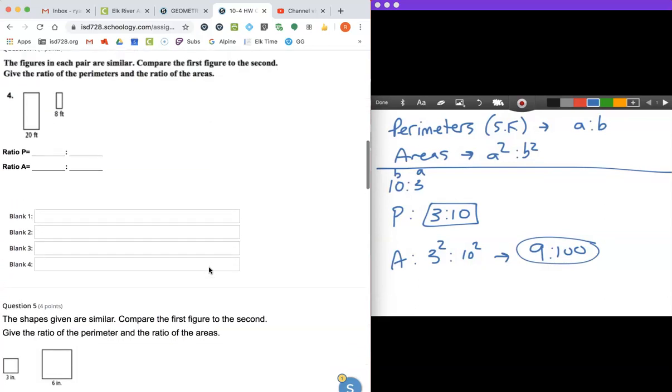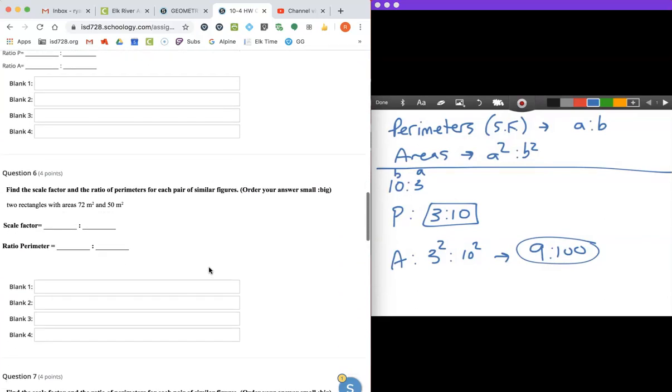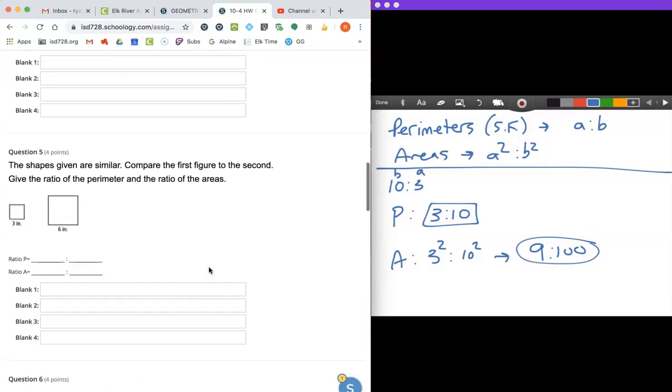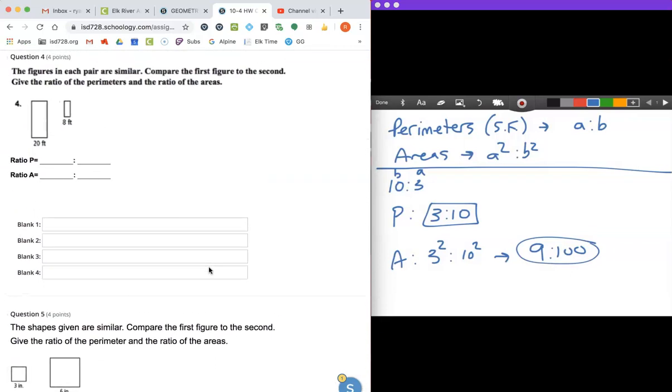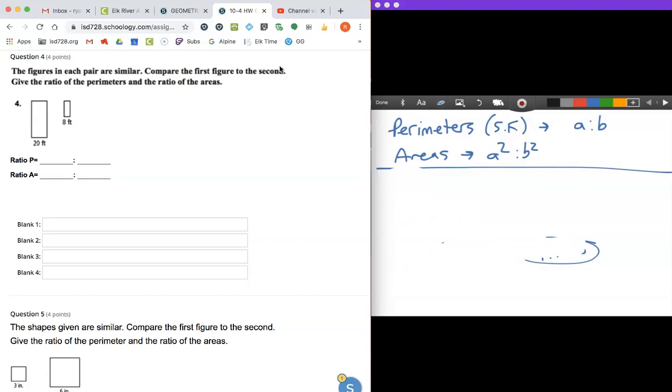Let's go all the way to number 4. Numbers 4 and 5 are the same type of problem. This one says compare the first figure to the second, but the directions are the same again. So I'm not going to erase the stuff on the bottom. They're going first figure to second figure.